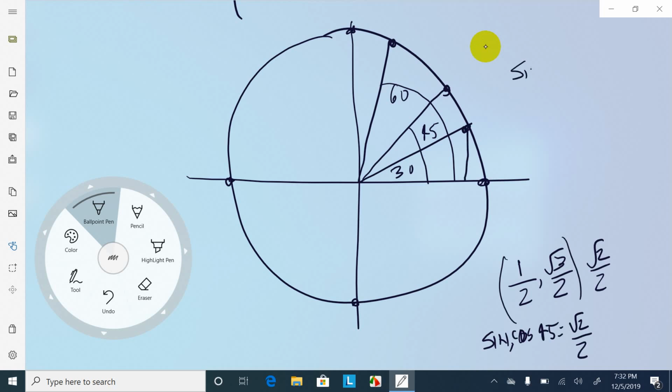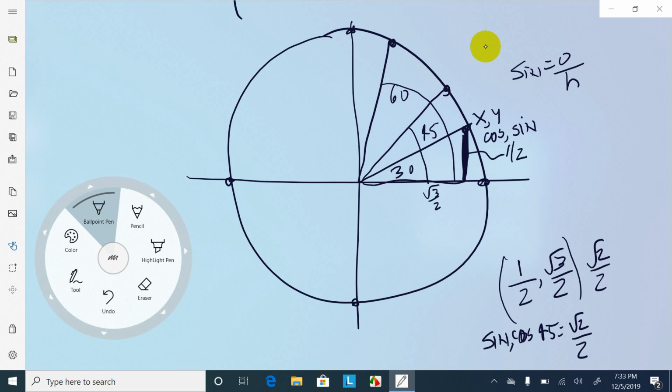Now, we know that the sine is the opposite over the hypotenuse. We look at this thing, right? And we also know that this is the x and the y, and the x corresponds to the cosine and the y corresponds to the sine. So we look at the 30-degree angle, and we see that the y value corresponds to the sine, and this is the smaller of the two, right? This is smaller than this. So this thing has to be a half, which means this thing has to be radical 3 over 2, right?